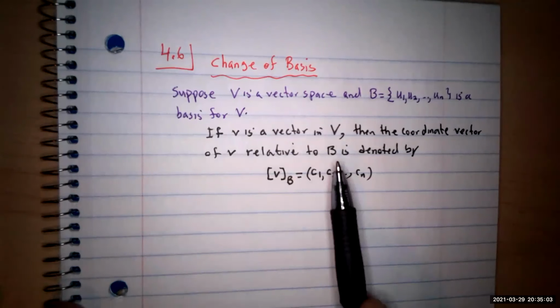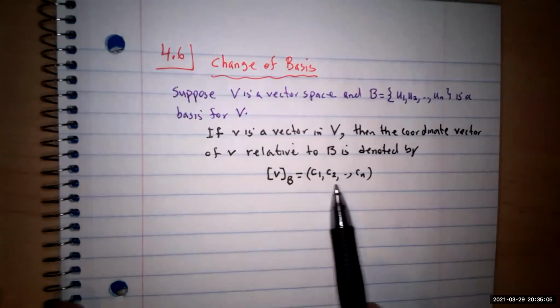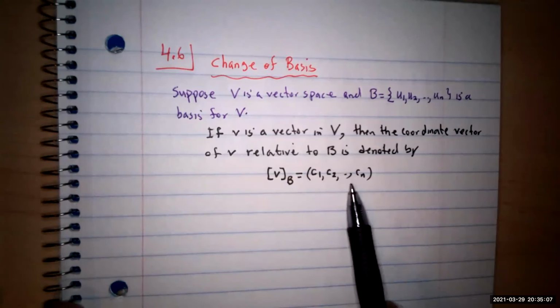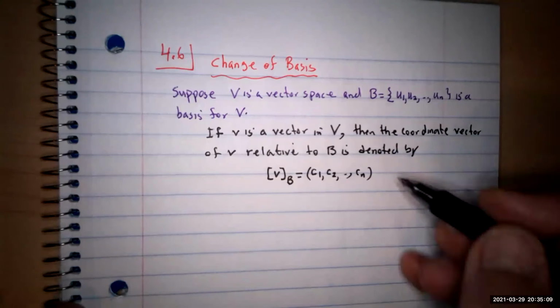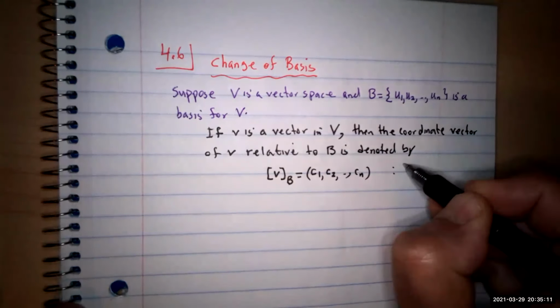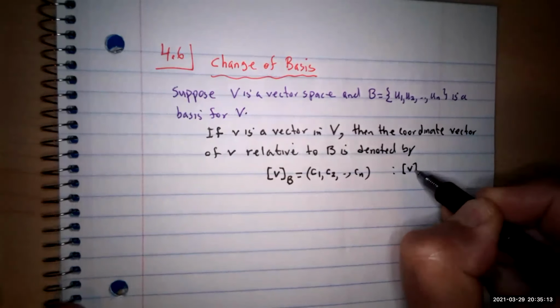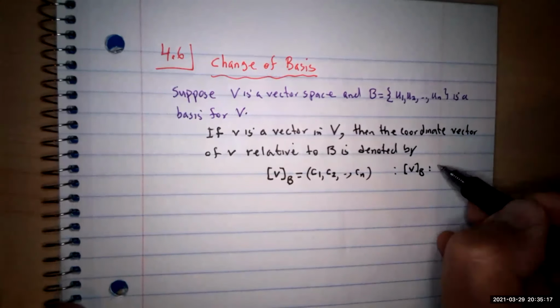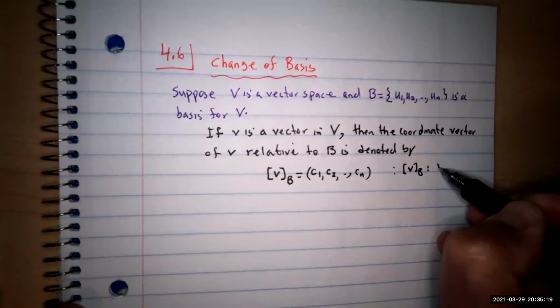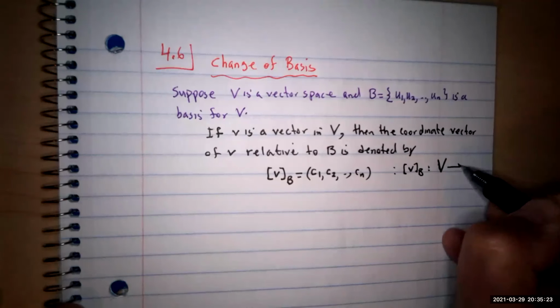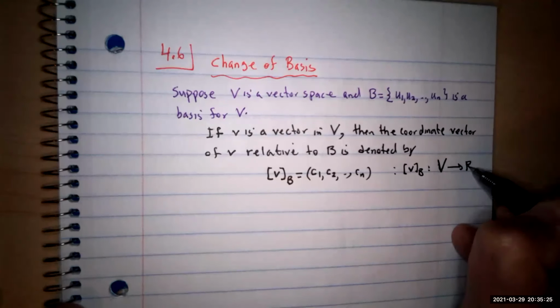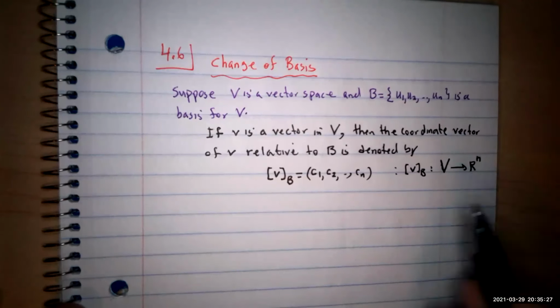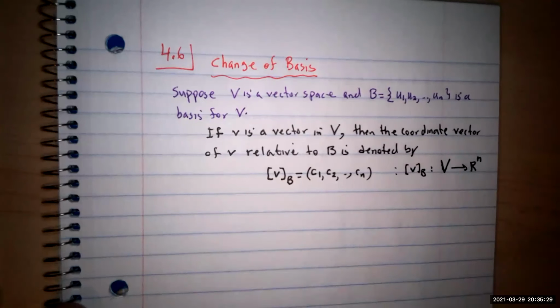A function that takes the vector V, this is going to be like a function, if you like. It's like a transformation that transforms a vector V from a vector space into Rn, because you pick your vector and the result is going to be just this.